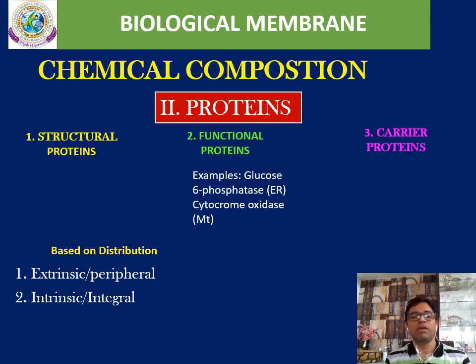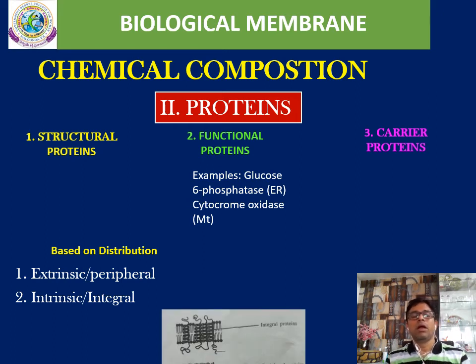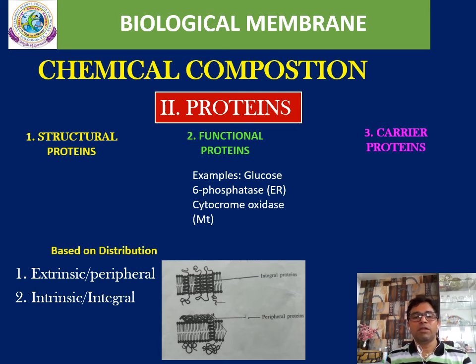So in this way, based on distribution, proteins present in the plasma membrane are classified into two types: extrinsic proteins and intrinsic proteins. In this picture, you can observe both types of proteins very clearly.